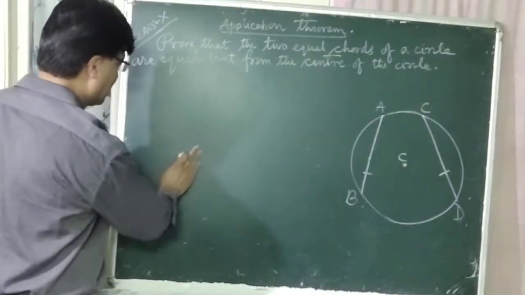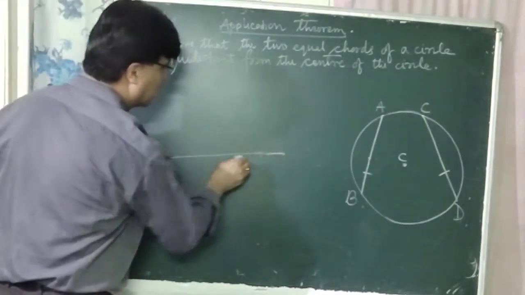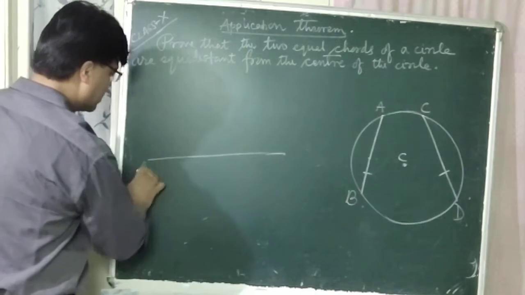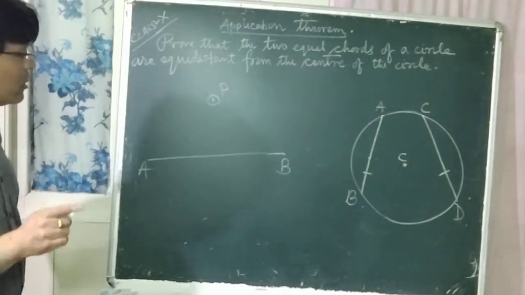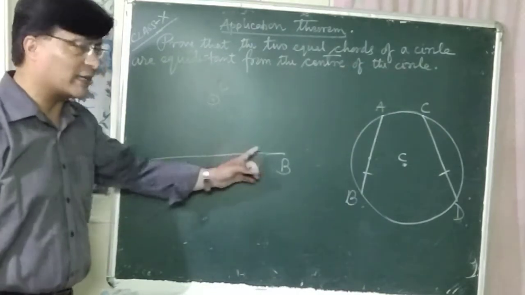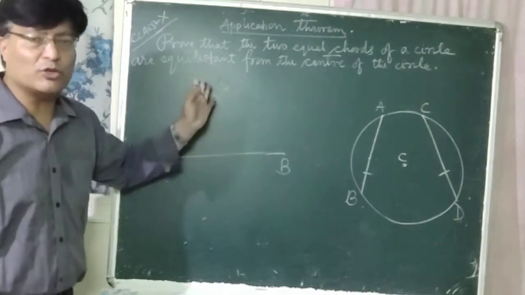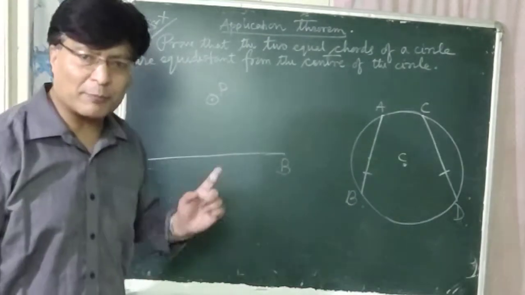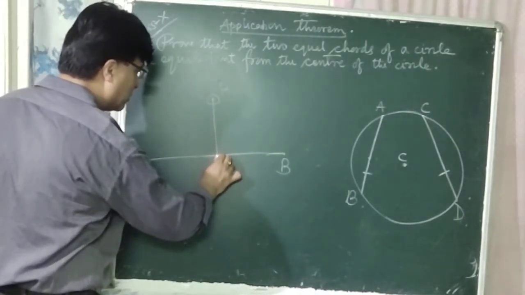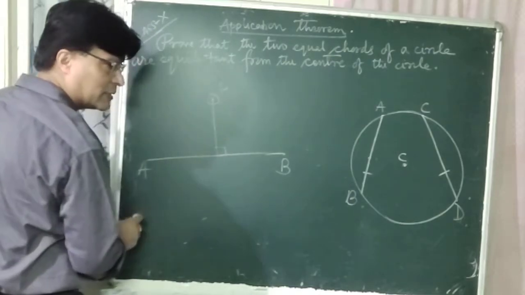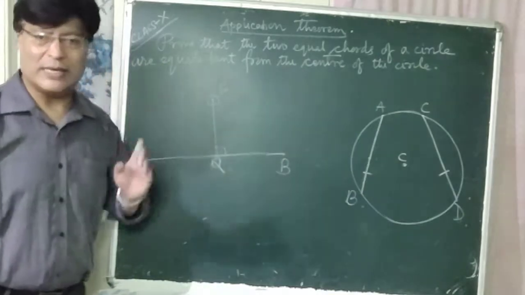Let me give an example. This is a straight line AB, and suppose there is a point P. What do you mean by the distance of the point P from the straight line AB? We first draw a perpendicular from P, and the angle is 90 degrees. This is PQ, drawn perpendicular to AB.